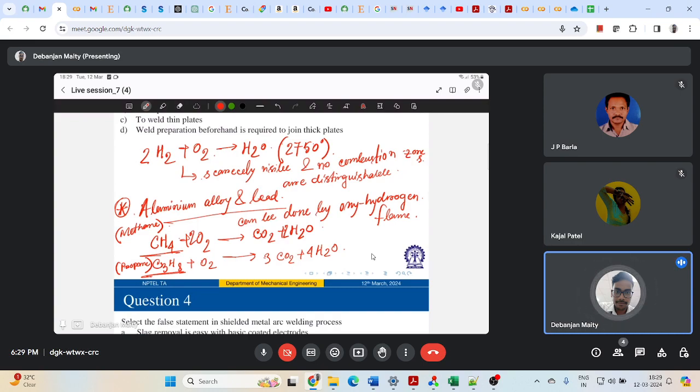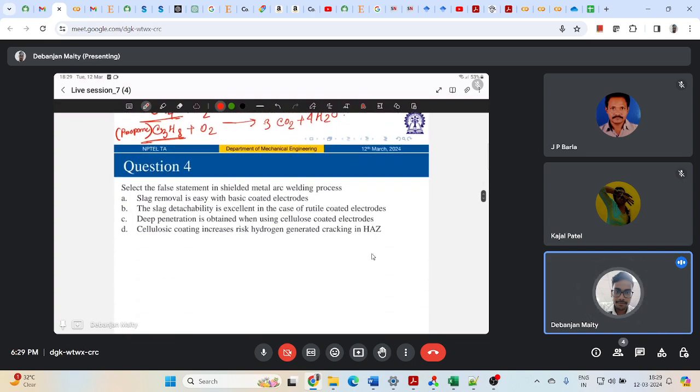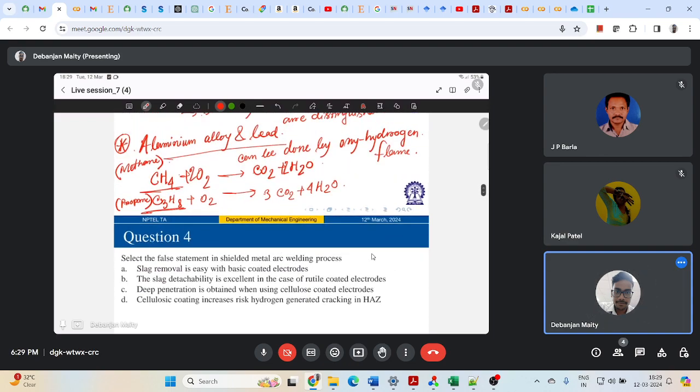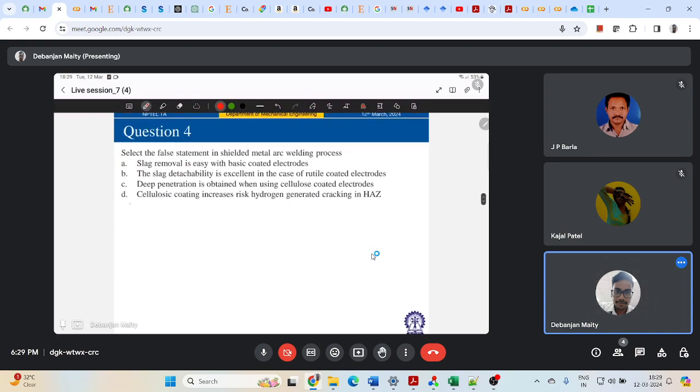But when the ratio of oxygen to fuel gas is decreased to produce a carburizing condition, the flame temperature will be somewhere around 2500 degrees, as I was talking about. That temperature is not suitable to weld your steel material.